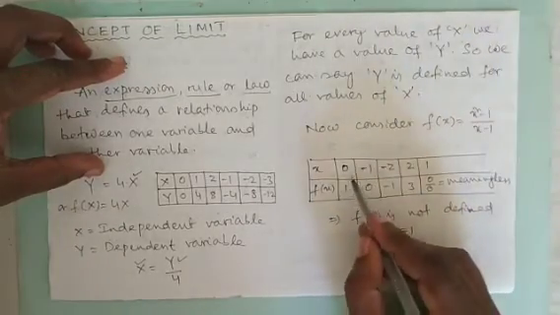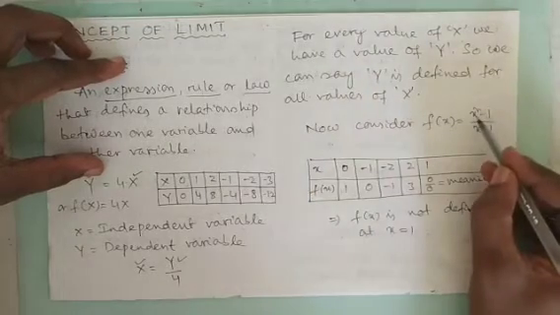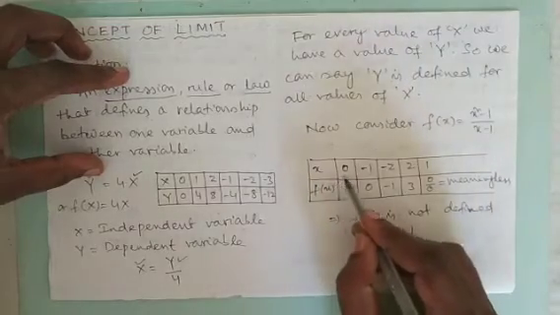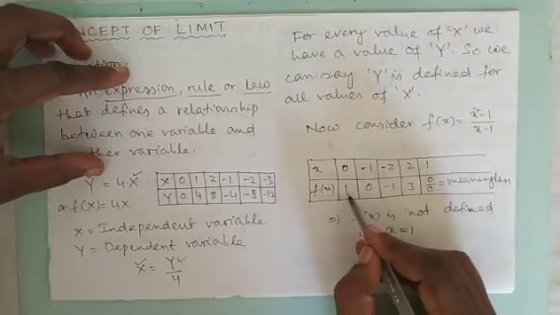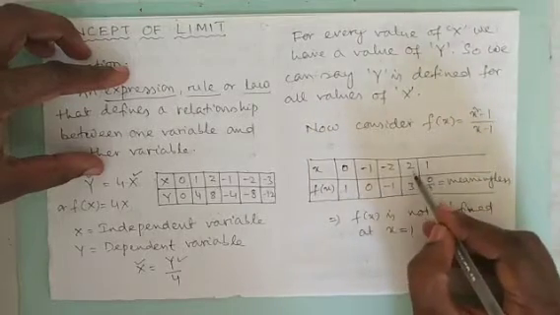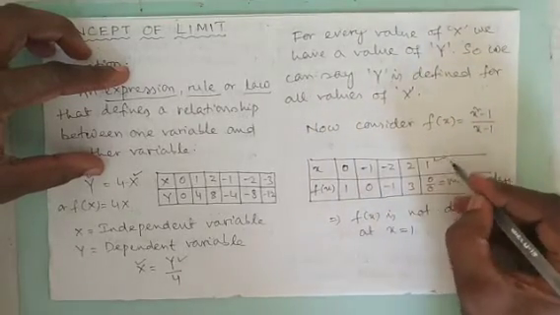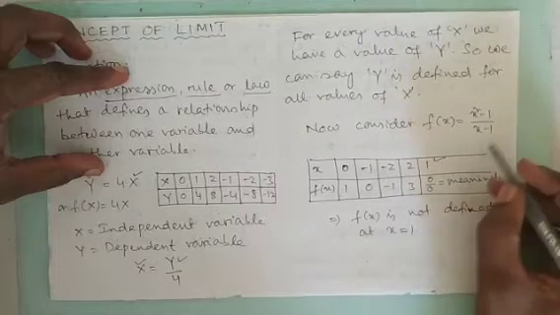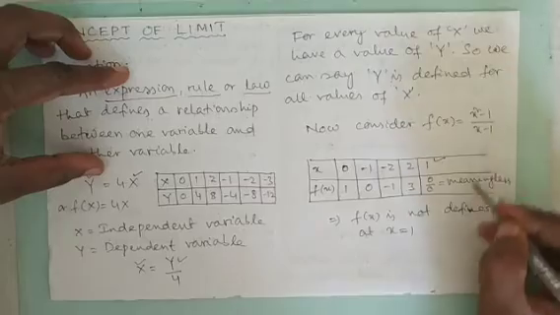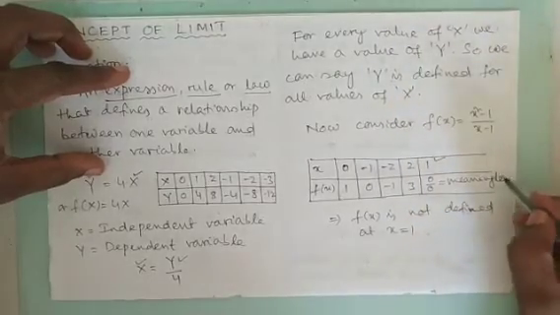Now for example, let us take another function, f(x) is equal to (x square minus 1) by (x minus 1). In this function, the independent variable is x and the dependent variable is f(x). If we choose x value as 0, we get f(x) as 1; x value as minus 1, we get f(x) as 0, like this. But when x becomes 1, f(x) becomes (1 square minus 1) by (1 minus 1), that is 0 by 0, which is meaningless.